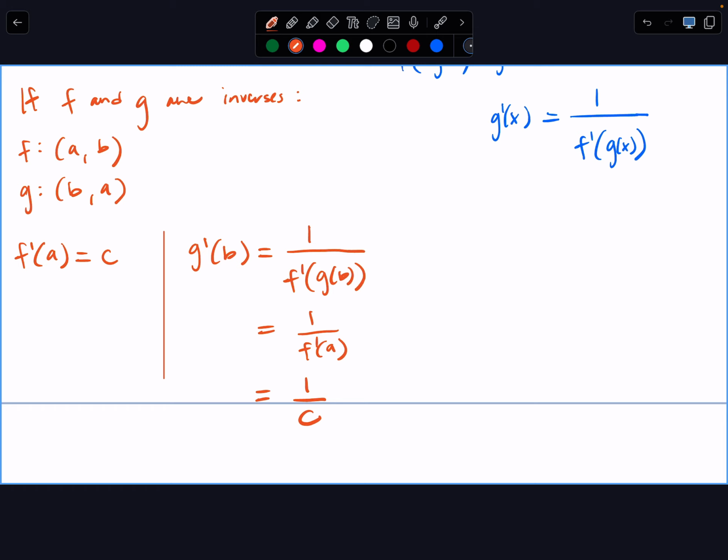So let's say that f prime of a is equal to 0, a horizontal tangent line. Then g prime of b would be undefined and would correspond to a vertical tangent line. The formula requires that f prime of g of x is not equal to 0.